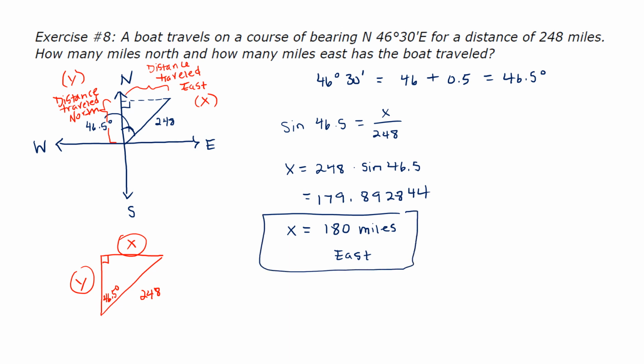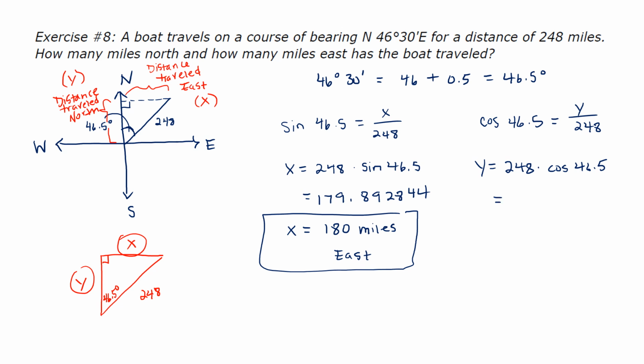Okay. Now we need to find north, and north is y, the distance traveled north. Y is the adjacent side, so we'll be using the cosine of 46.5, which equals y over 248. So y equals 248 times the cosine of 46.5.